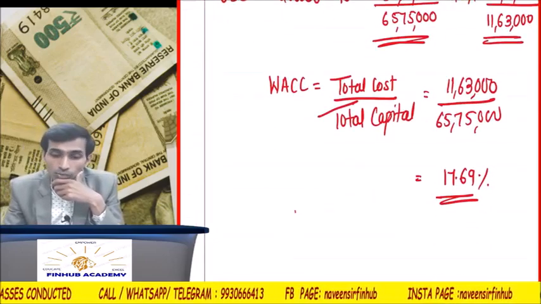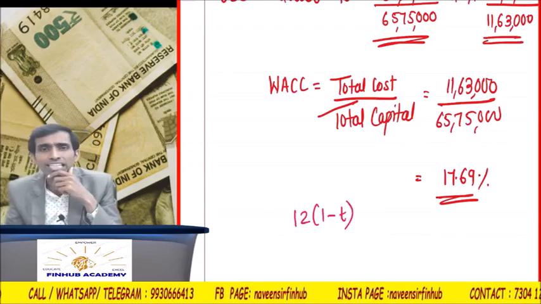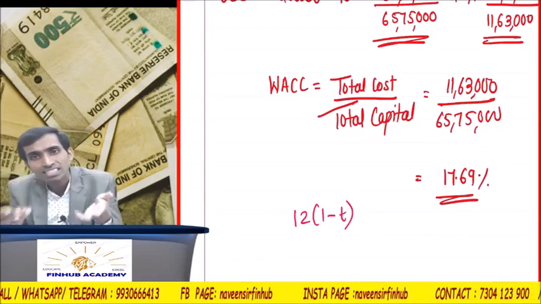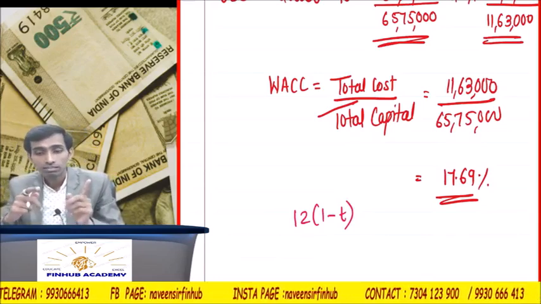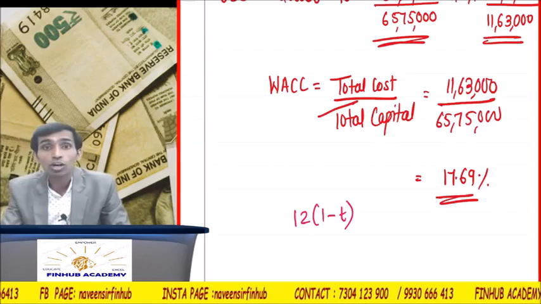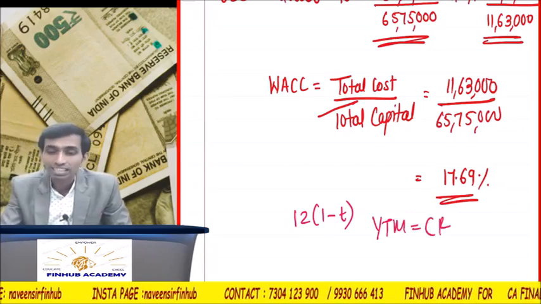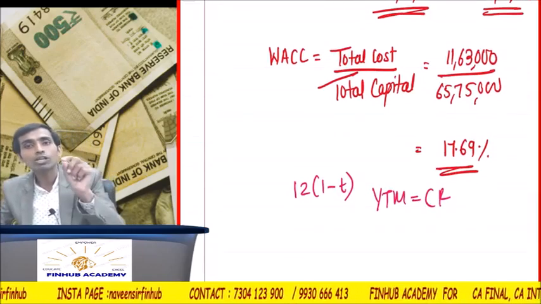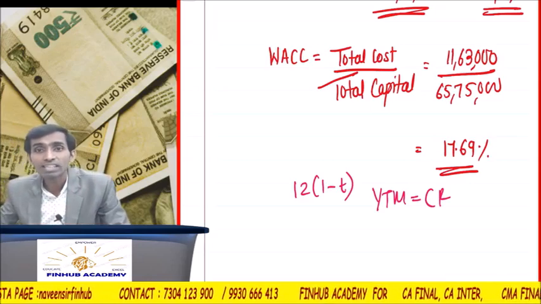Understood? 12 into 1 minus T means what? 12 coupon only we take. We assume that itself is YTM. Let me explain. When KD, cost of debt or YTM, is equal to coupon rate, this means you are assuming that your bond is trading at par.